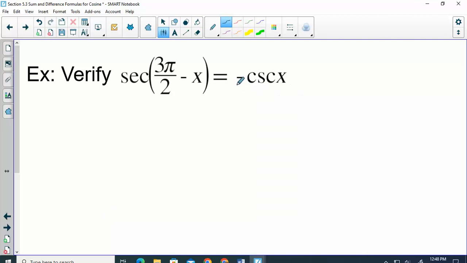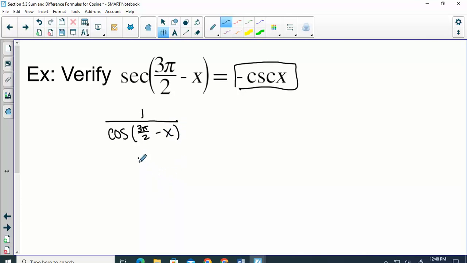Do we have a formula for secant of a minus b? No, but it's the reciprocal of cosine. So I could say secant is 1 over cosine of the 3 pi over 2 minus x. And then if I use my cosine difference formula, it would be 1 over cosine of the first, cosine of the second, plus sine of the first, sine of the second.